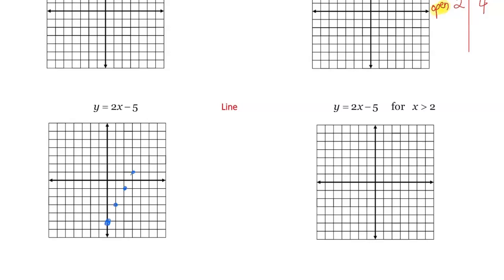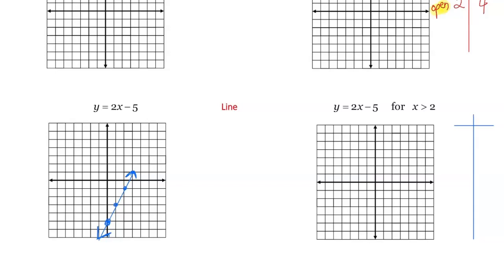So now I'm going to connect the dots. Use the straight line feature of your iPad. And I get a nice line that continues in both directions. Same line, but with restrictions for this last one. So get your t-table going.